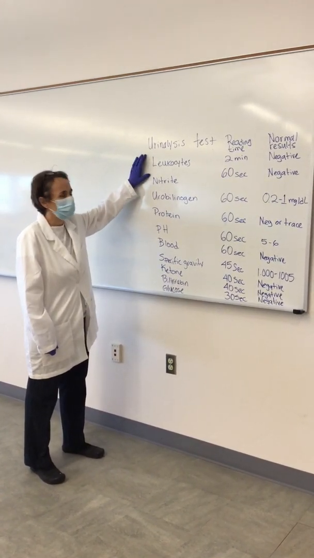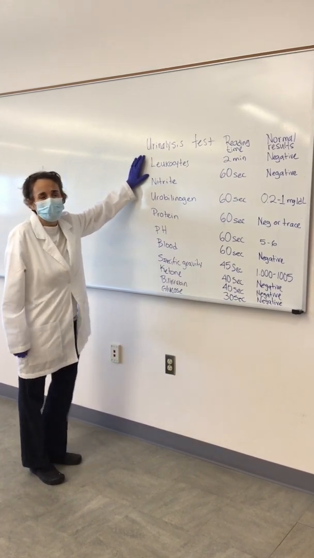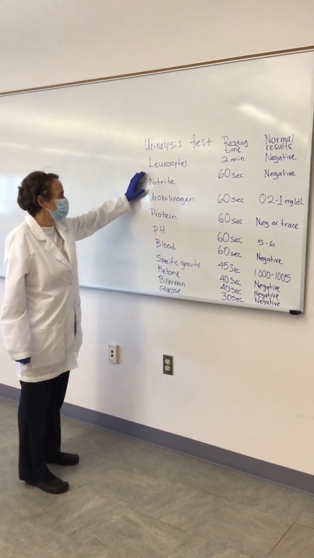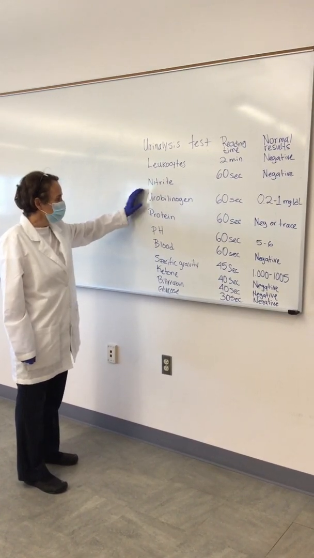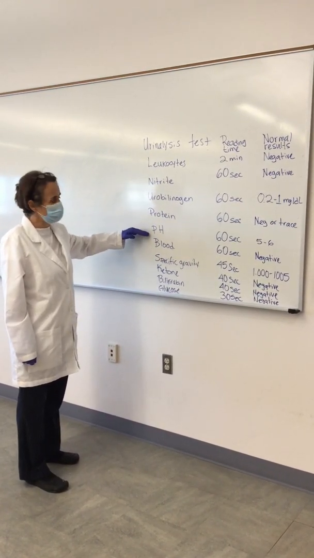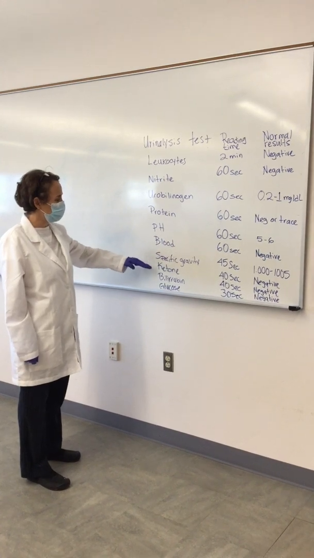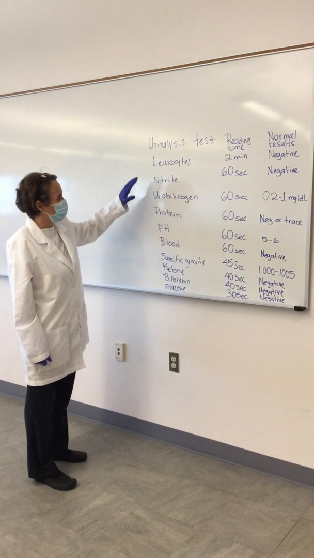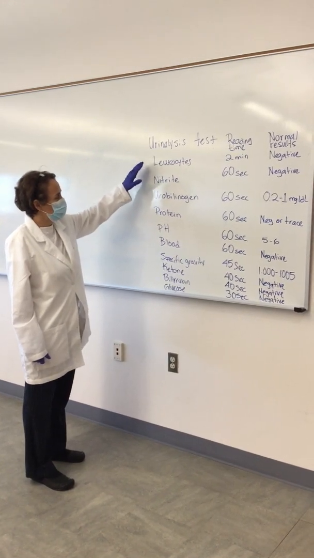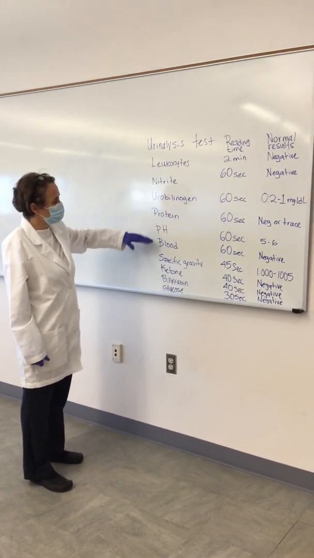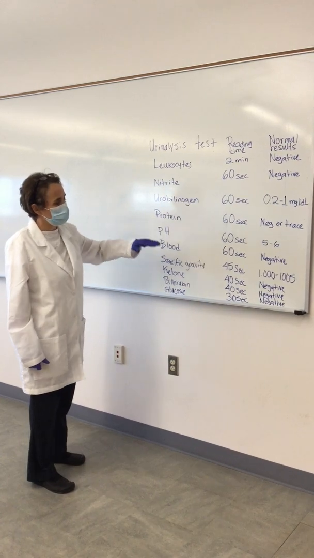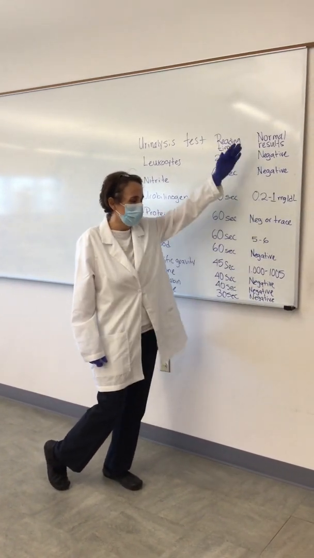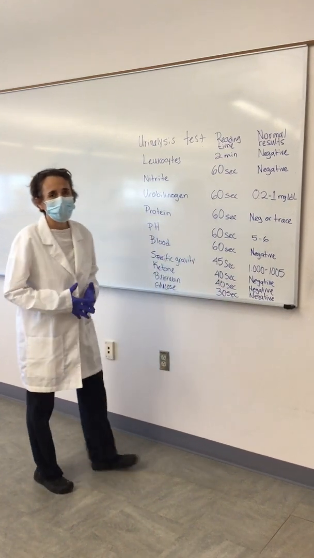So we will study for the presence of leukocytes in urine, nitrites, urobilinogen, protein, pH, blood, specific gravity, ketone, bilirubin, and glucose.